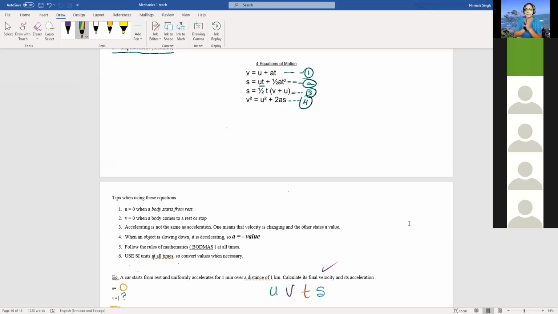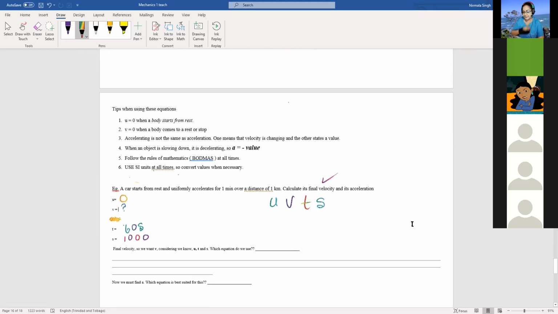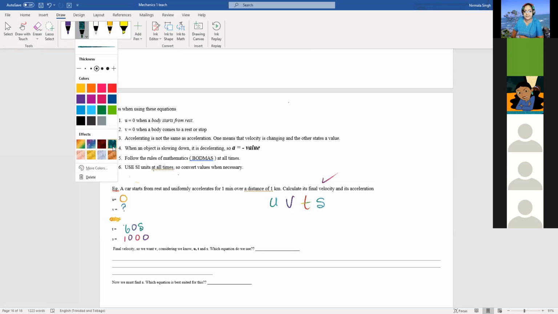Anybody? Number 3. Equation 3. So what we're going to do, we're going to plug in our values. We're going to realize that equation 3 is what's going to help us here.